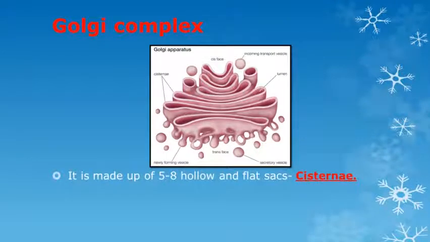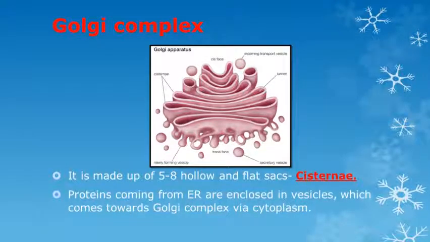It is made up of 5 to 8 hollow and flat sacs placed parallel to each other. You can see here the cisternae. So these are the hollow and flat sacs placed parallel to each other, and you can observe this in the picture also. These cisternae are filled with different enzymes and proteins which come from the endoplasmic reticulum enclosed in vesicles.